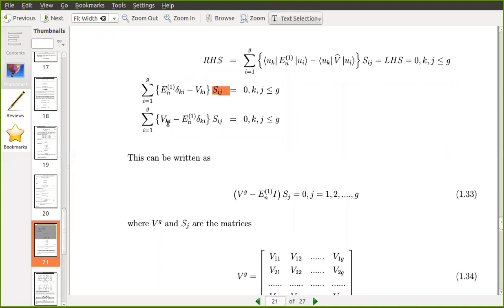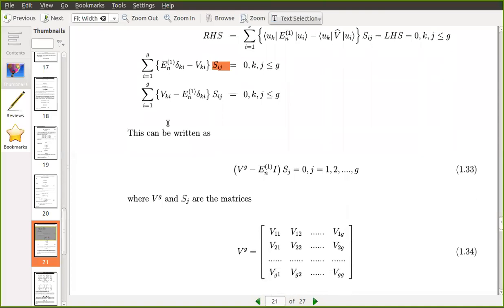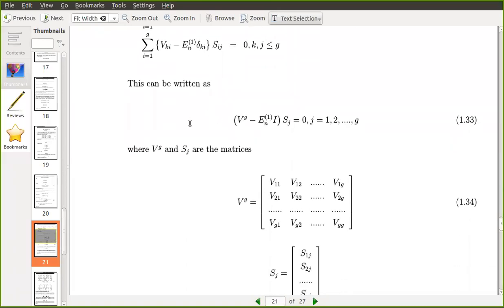So this is the eigenvalue equation, like the equation Ax equal to lambda x.